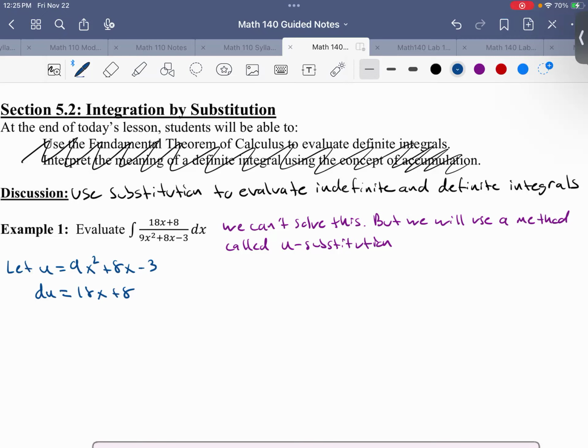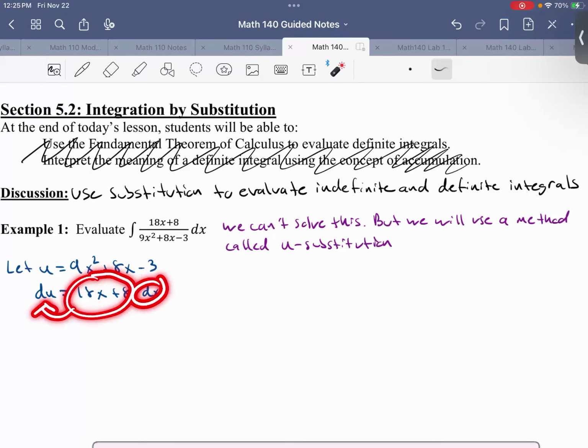So going back and forth a little bit, I want to integrate, but I need to take a derivative of this u. So the next thing I'm going to do, I forgot something here, but there's going to be a dx attached to the derivative. So the next thing I'm going to do is divide everything to the other side to get dx by itself.